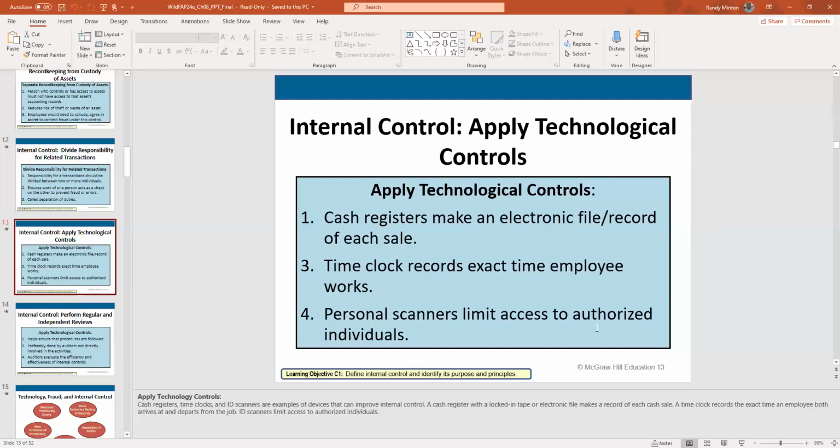A couple of other things, of course: we have time clocks that record hourly time for employees who work on that system. We have personal scanners that limit access to authorized individuals.